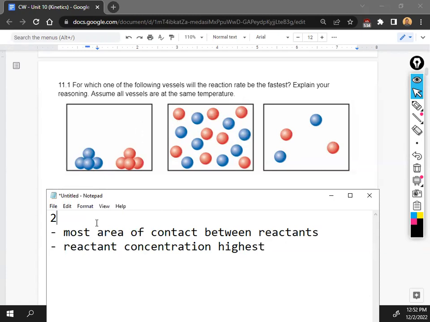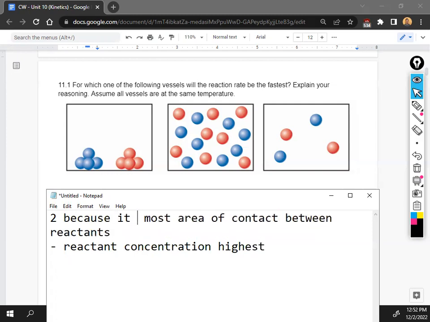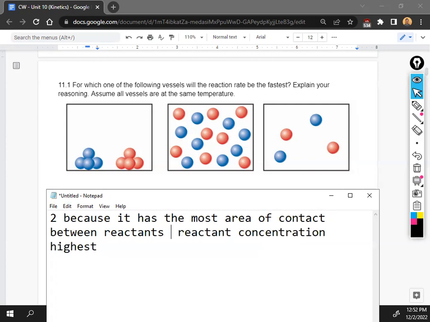Do you have a question? 2 technically has the most area. You just need to talk about the correct answer. As long as you hit the main points, you don't need to go that detailed.